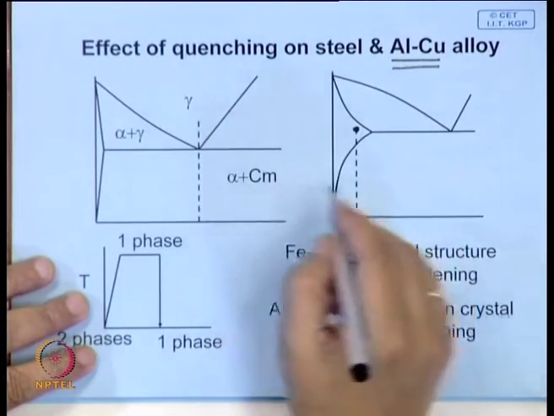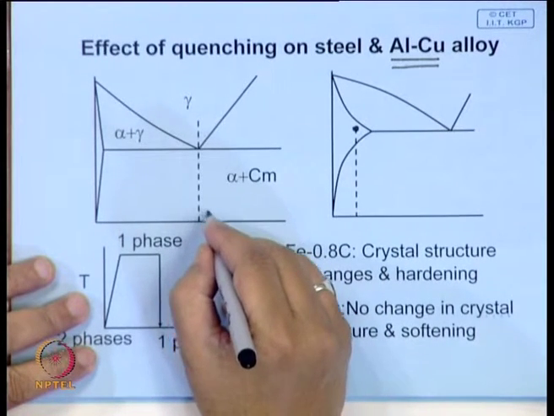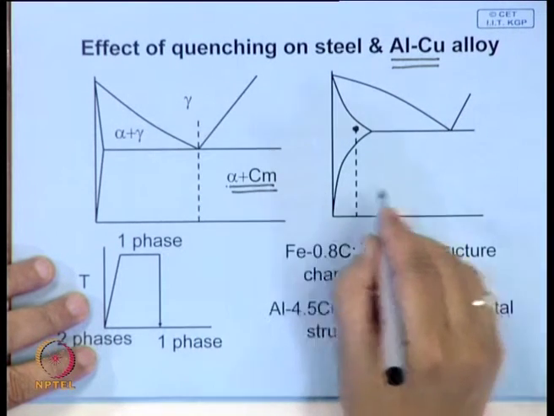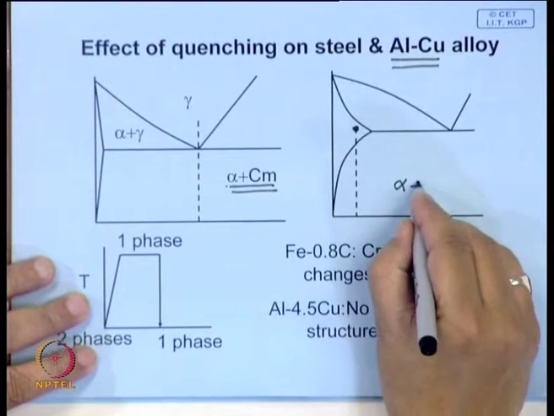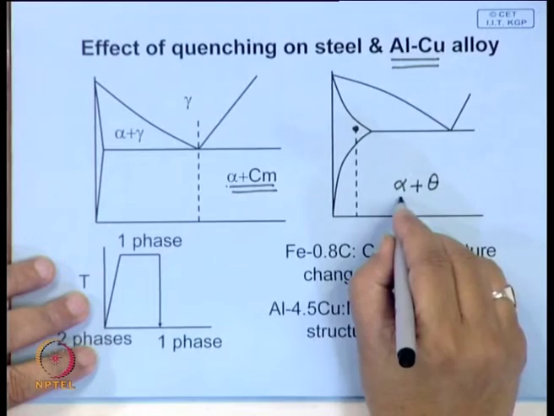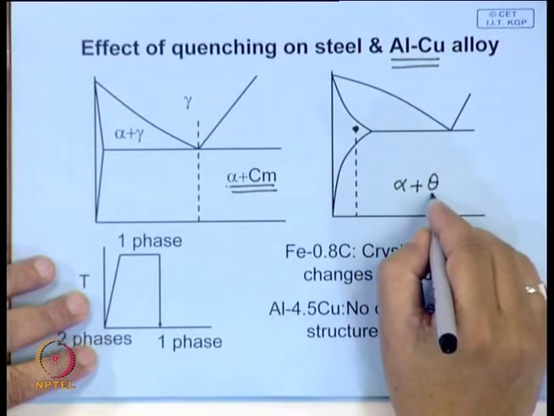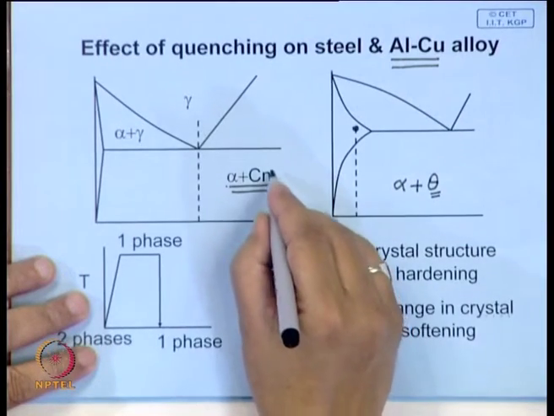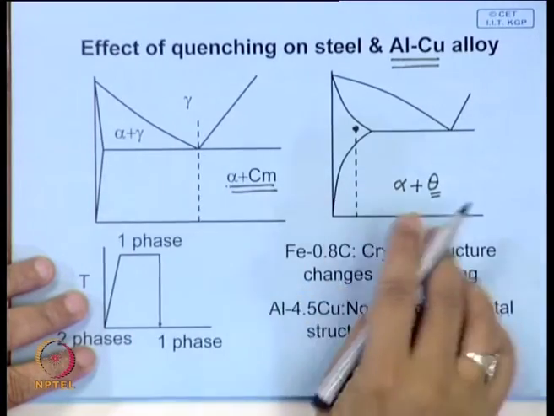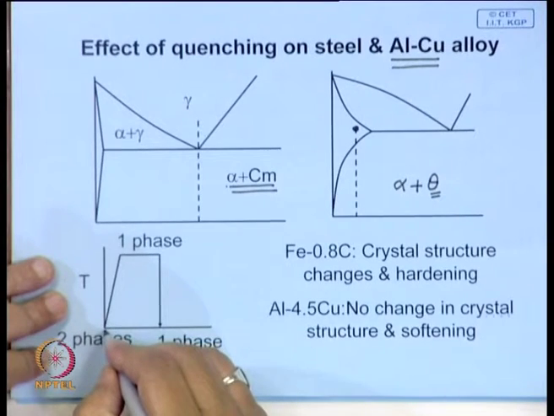Now, if you compare the two, here also we talked about heating the steel, which is initially alpha plus cementite, and here it is alpha plus theta, which is some intermetallic compound of aluminum and copper. And here cementite is an iron carbide.